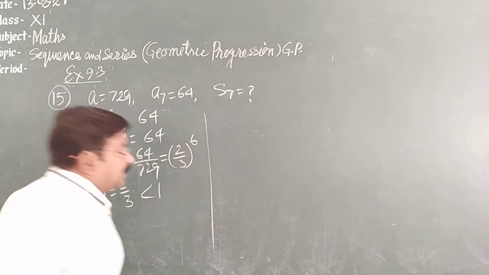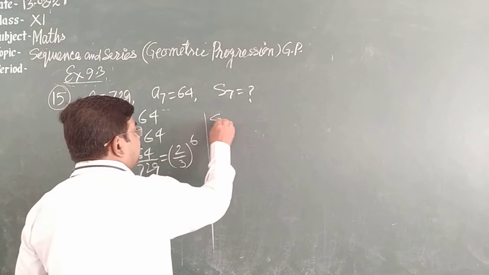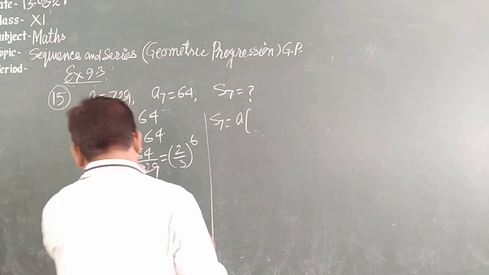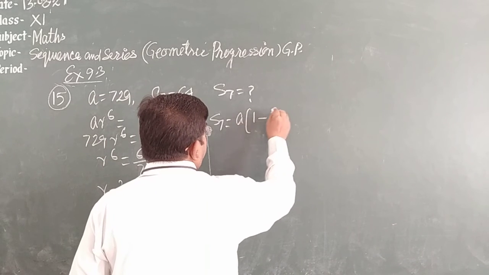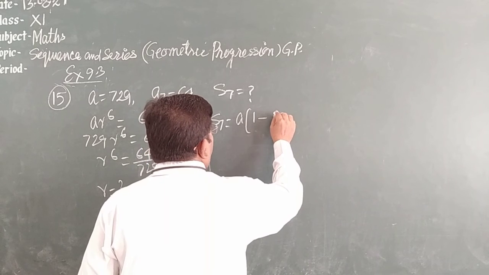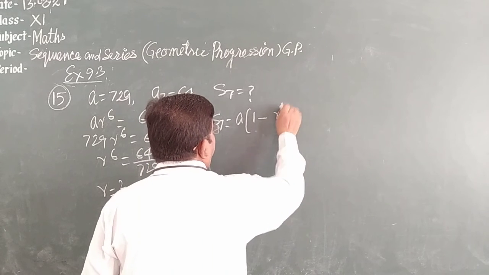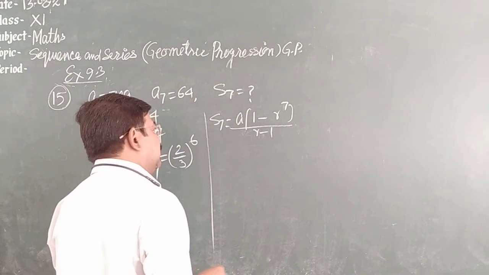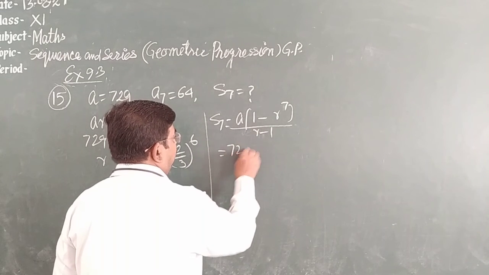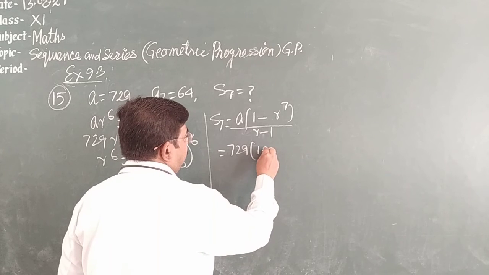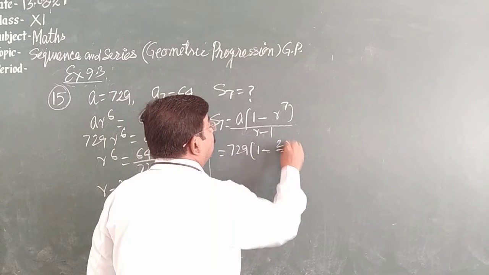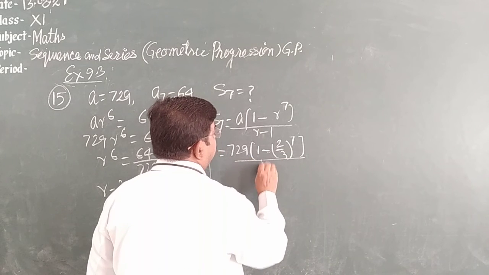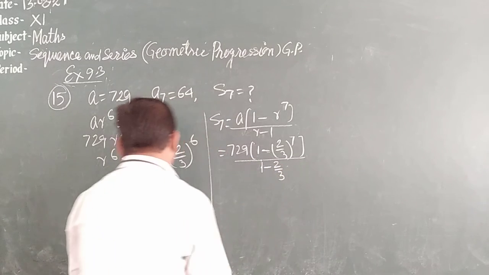So we have to find the sum of 7 terms. S7 is equal to what we have? A times 1 minus r to the power 7 upon 1 minus r. Let's write the value. This is 729 times 1 minus 2 upon 3 to the power 7, upon 1 minus 2 upon 3. Let's calculate this.